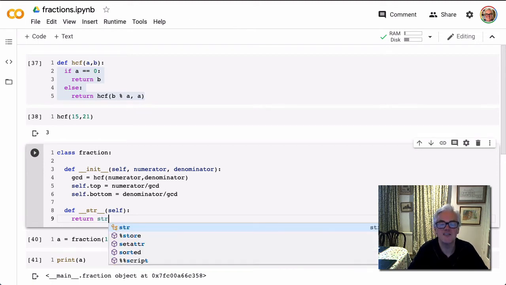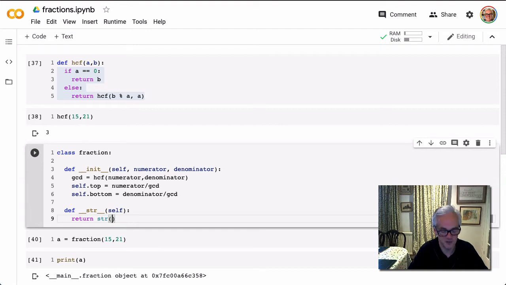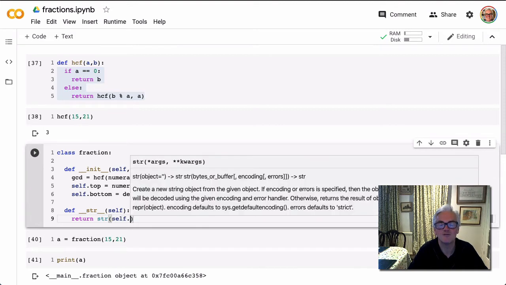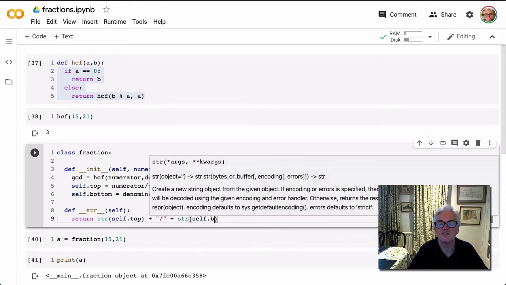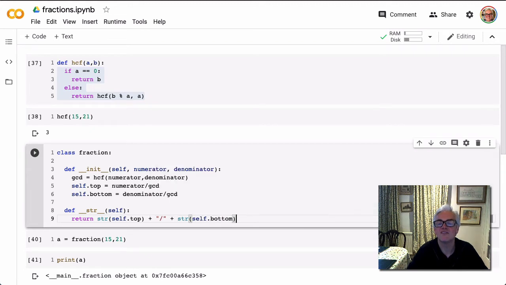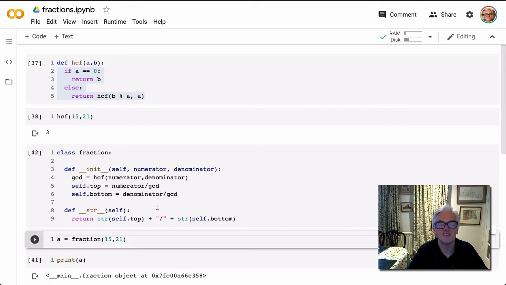So we take the string version of the top, so I do self dot, keyboard keeps freezing, top, I concatenate with a solidus, and then I concatenate with the string version of whatever's on the bottom of the fraction in its smallest terms. No error messages.